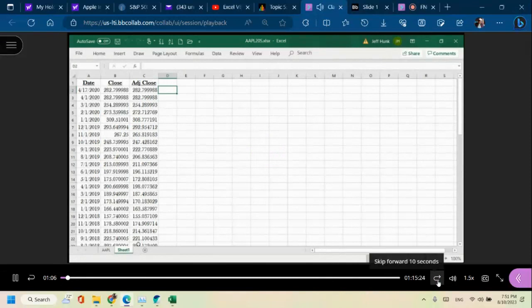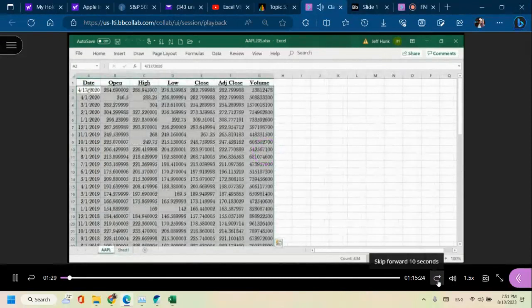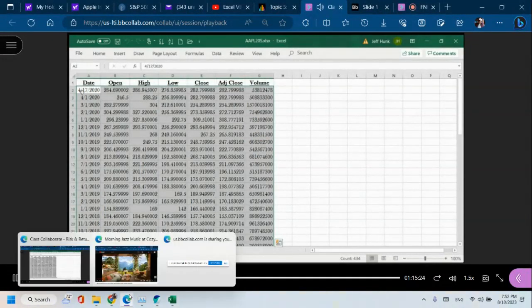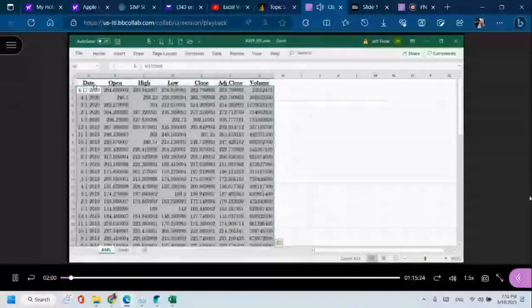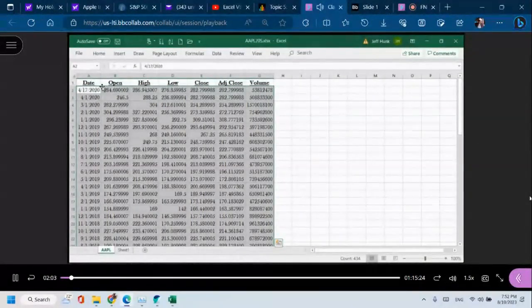When you download the data, it's usually in a font face called Calibri, and the font size would be 11. I told you the importance of cleaning up the data. Also, while you're cleaning up the data, if possible, change the font.